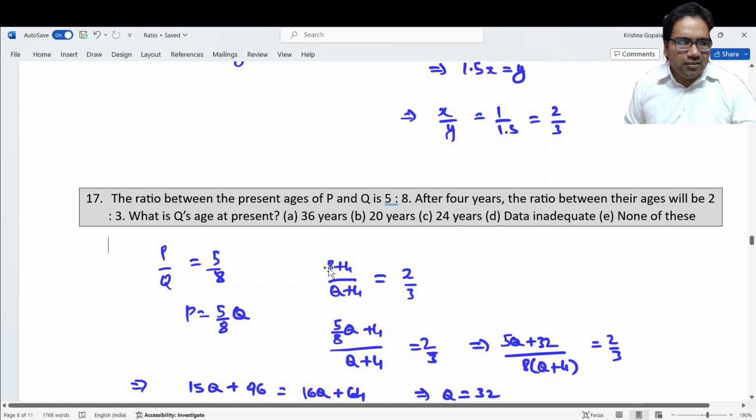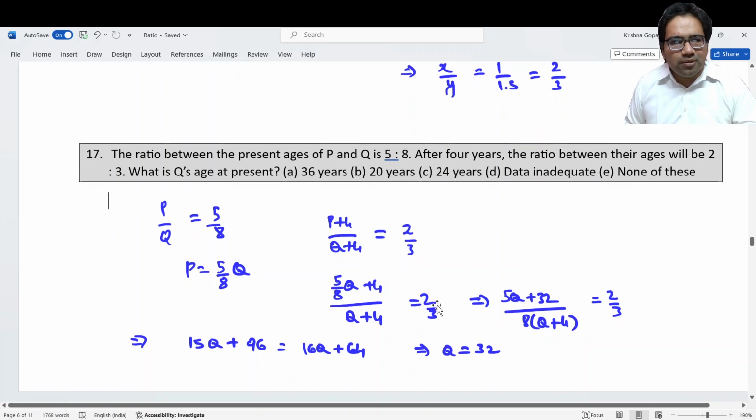Now let's substitute this 5 by 8 q here. 5 by 8 q plus 4 by q plus 4 is equal to 2 by 3. Now we'll just simplify this. 5q plus 32 by 8, divided by q plus 4, the 8 will come down. 8 into q plus 4.